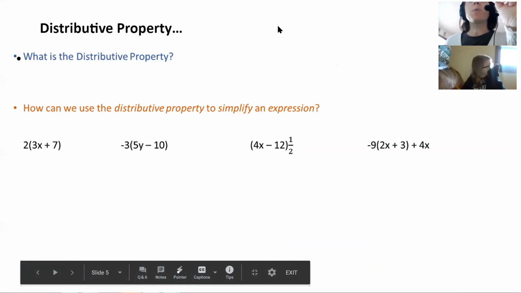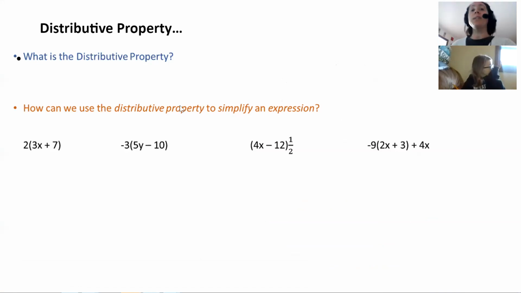And I'm actually going to switch to this one here, this -3 times 5y minus 10. We're going to do that one first. So for that one, I'm going to move my chat menu there.